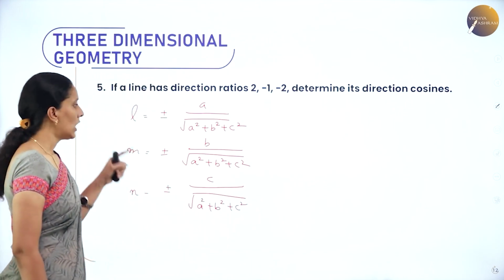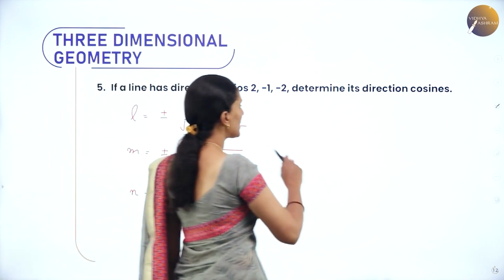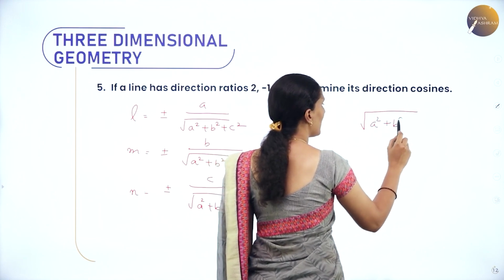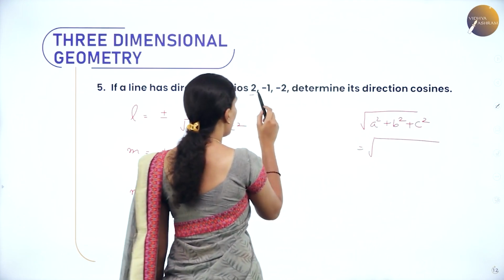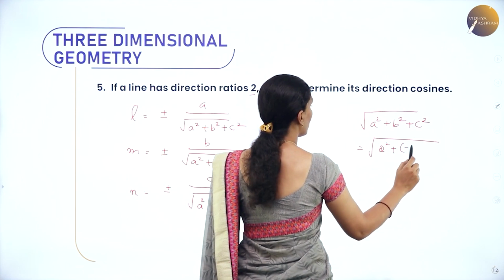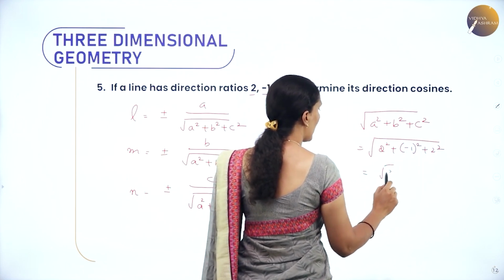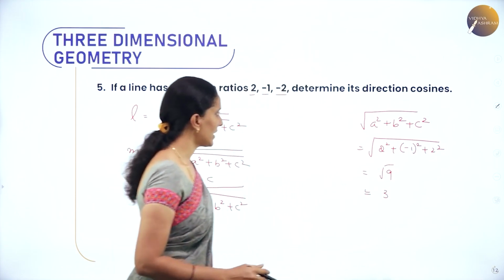So these are the direction cosines with respect to direction ratios. Now let us calculate the square root of A square plus B square plus C square. A, B, C are given, so 2 square plus -1 whole square plus -2 whole square is root 9, which is 3.